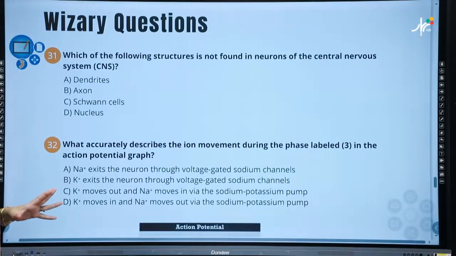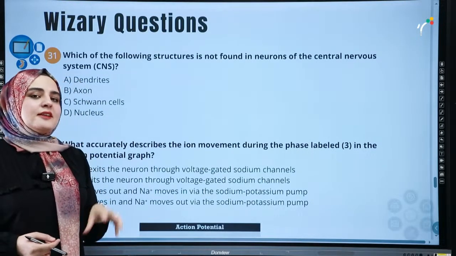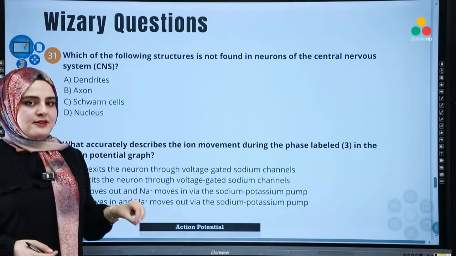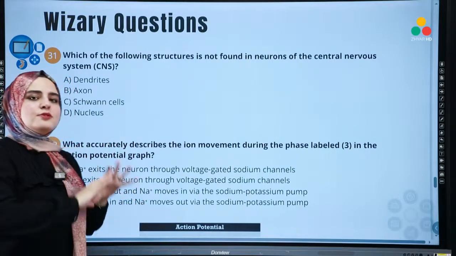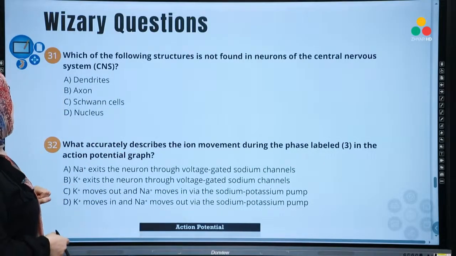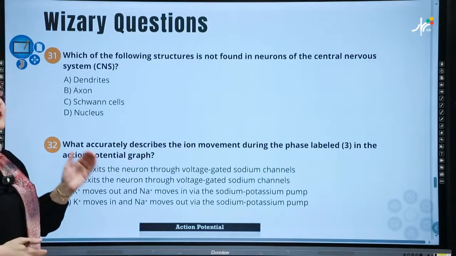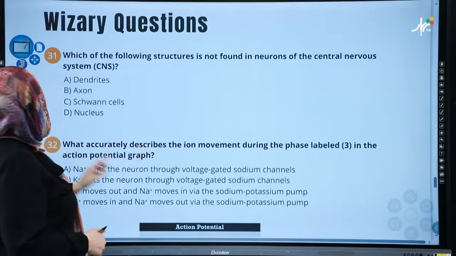In chapter 4, most students think this is the hardest part. No, it's most detailed and you need to focus on your answers. Let's try to grasp as much information as possible from these questions that I put here. It says, which of the following structures is not found in neurons of the central nervous system?